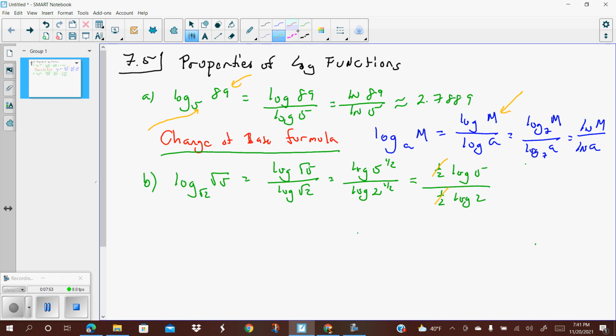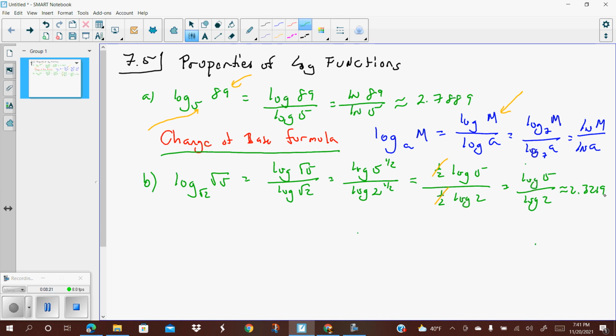Divide those away, and we are simply left with the log of 5 divided by the log of 2. And again, you can type that straight into your calculator. Log 5 divided by log 2, or ln 5 divided by ln 2. It's all going to work out to be the same thing. I think, yeah, I worked this one out to be 2.3219.